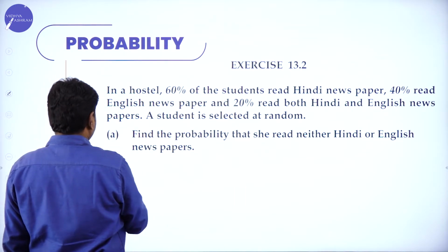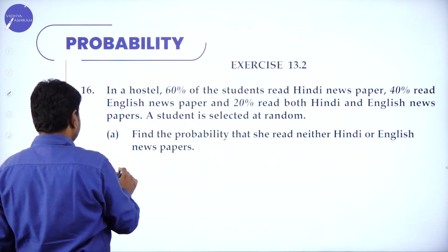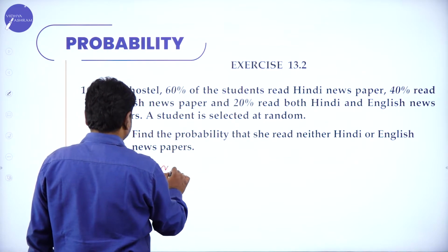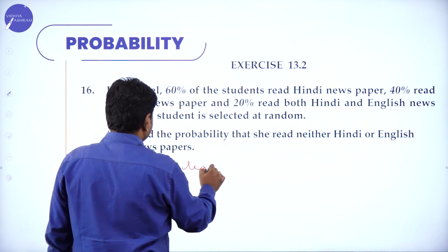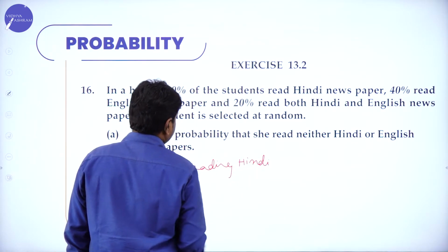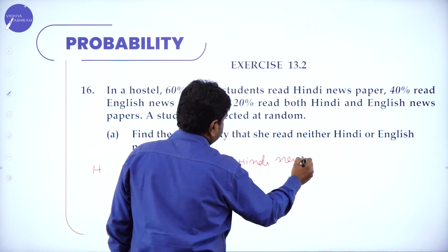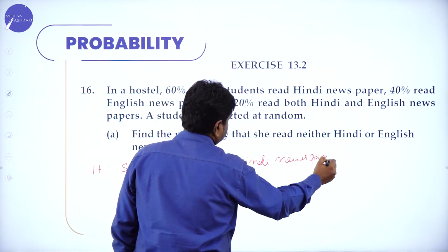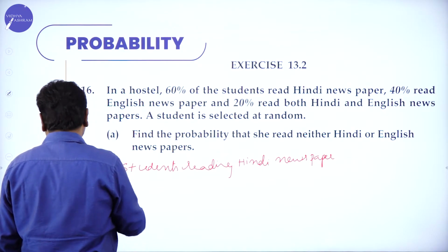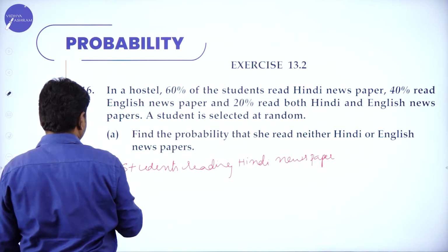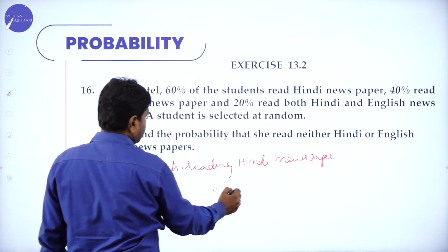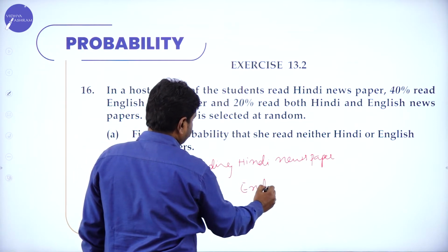First, let us define the events. For the first part, let H represent students reading Hindi newspaper, and E represent students reading English newspaper.